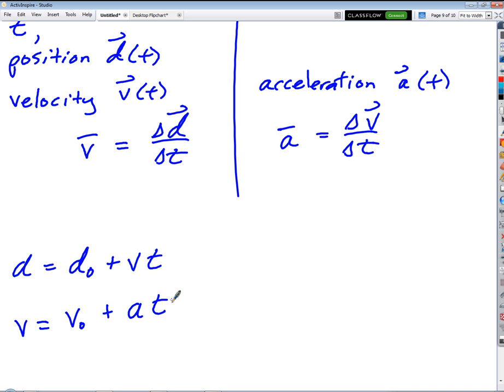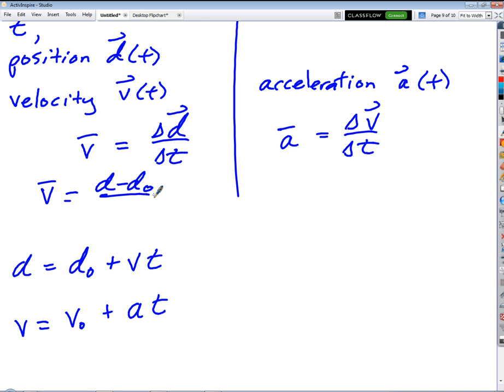Really, if I solve this equation up here, what is delta d? That's just d minus d naught, isn't it? So if I rewrite this, this is really just v bar equals d minus d naught over delta t. Now what's delta t? What's delta anything?